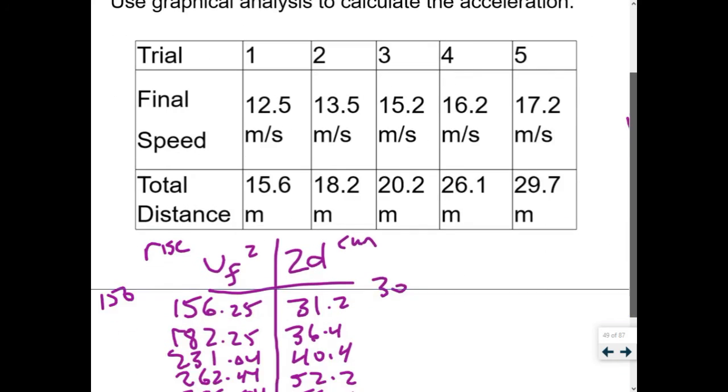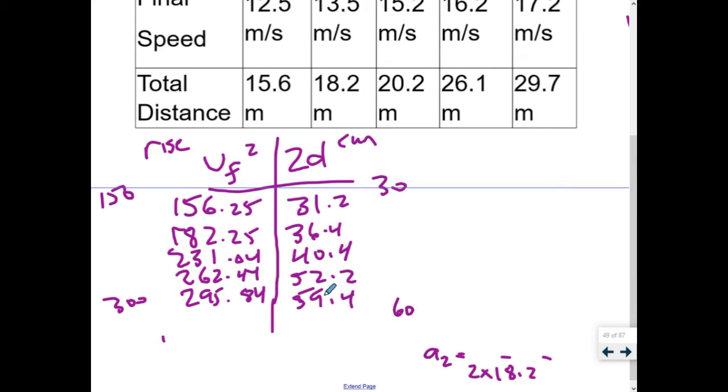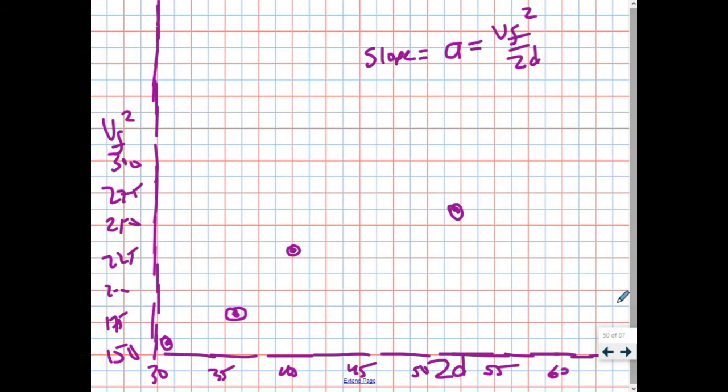And then for the last one, 59.4. Let's call that 60, basically, and 295. Pardon me. 60 is right there. 295 would hit about there.